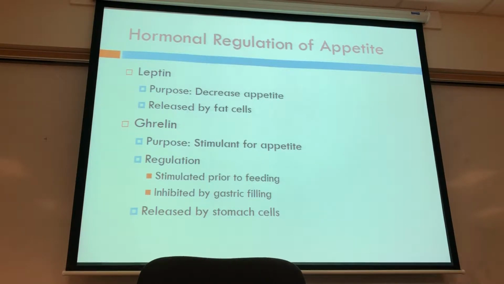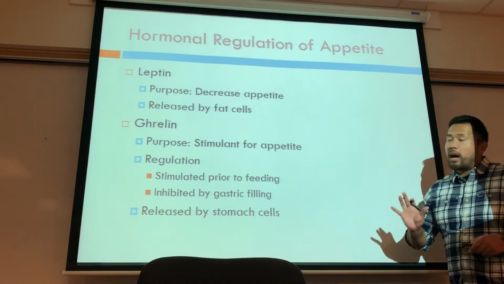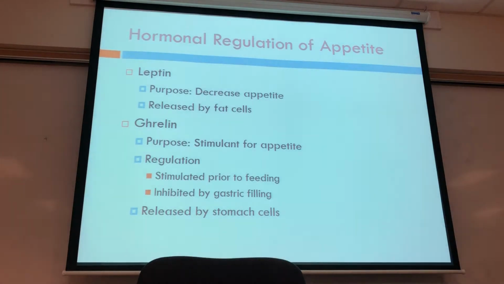So this should make sense: obese people typically have more fat cells. So fat cells will produce excess leptin, and that excess leptin should then decrease appetite.